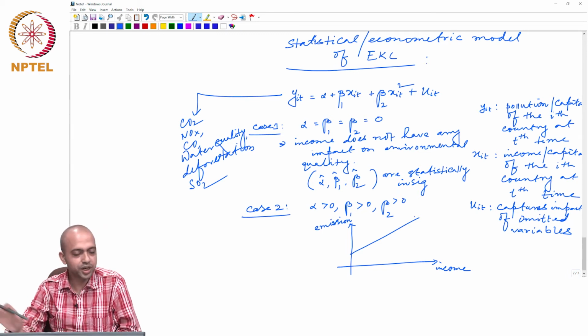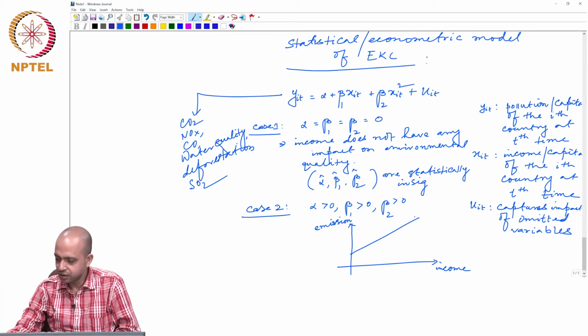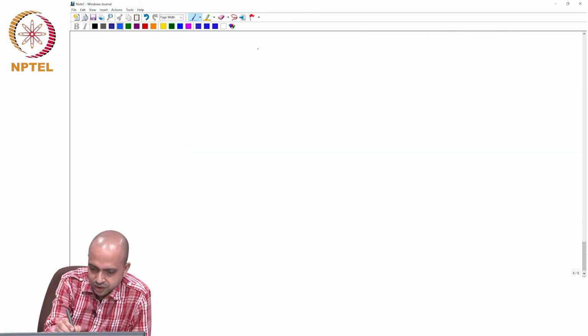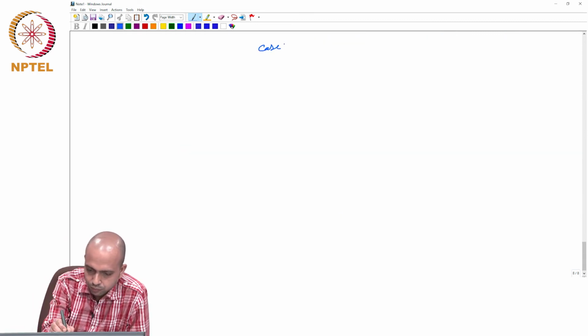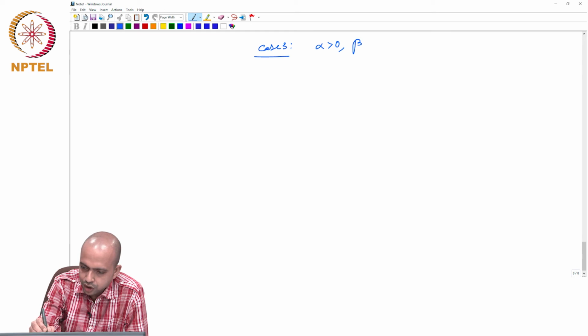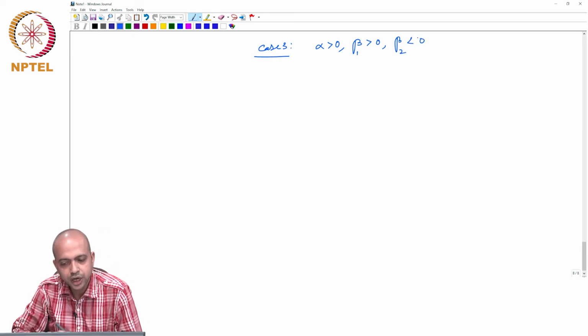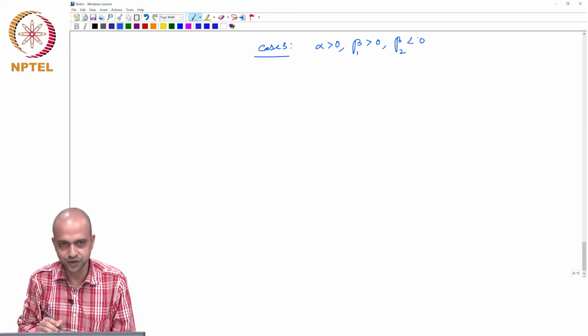This is also not an inverted U-shape. Then case 3, alpha greater than 0, beta 1 greater than 0, but beta 2 less than 0, and they all are statistically significant.